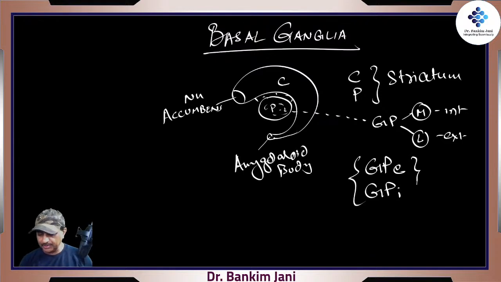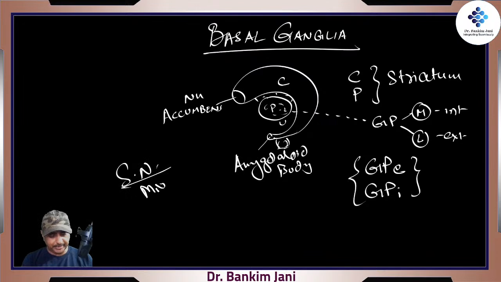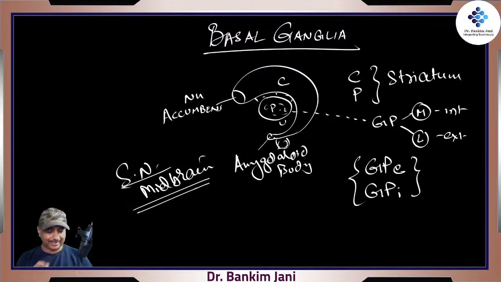Both of them are dealt with in our loops. Then there was the thalamus, the substantia nigra and the subthalamic nucleus. Just remember the substantia nigra is in the midbrain. Today you'll learn one more structure in this midbrain, the red nucleus.